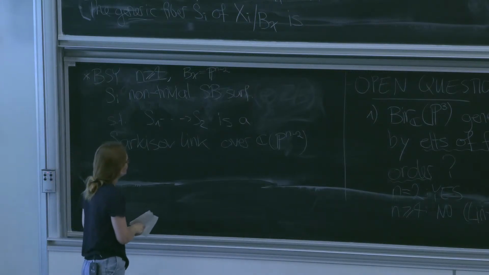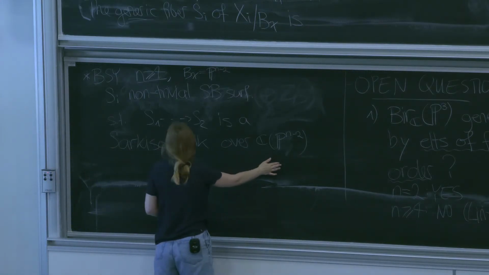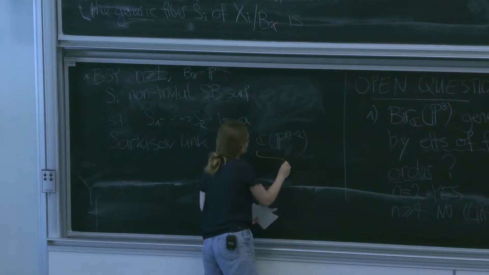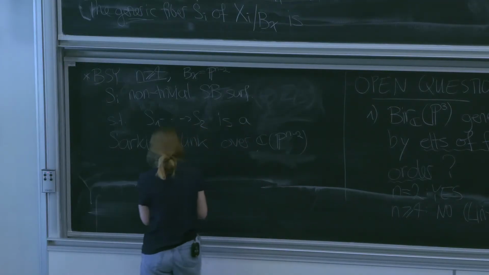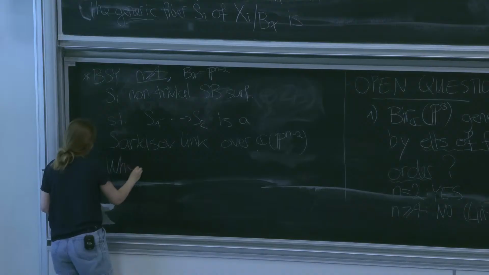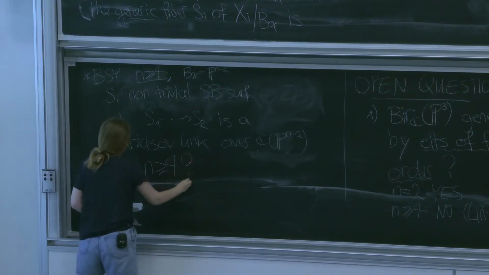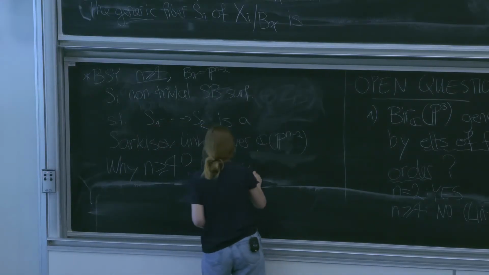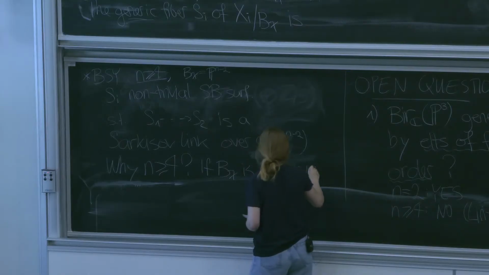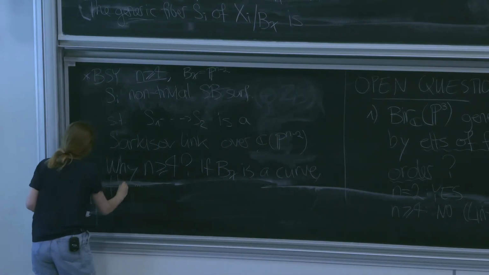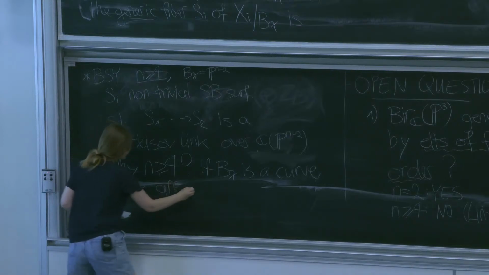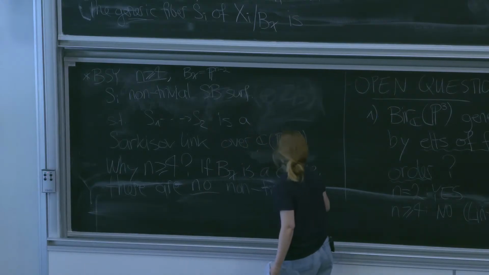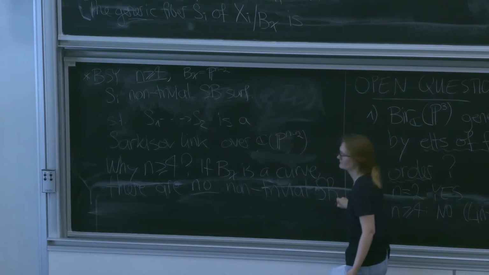But the thing is, if the base is a curve, then over this field, n at least 4. Because if the base is a curve, there are no non-trivial Severi-Brauer surfaces.